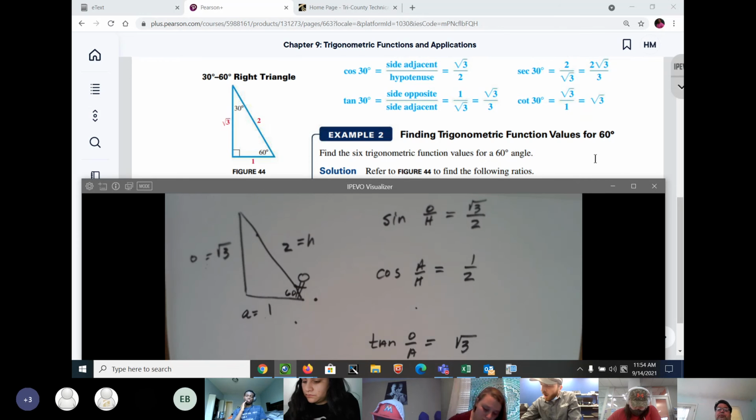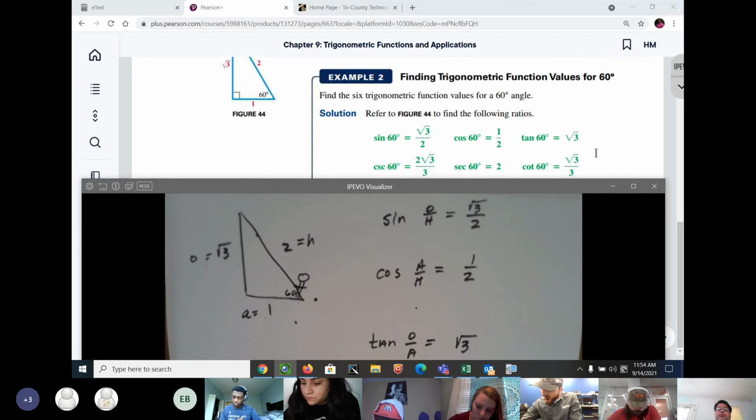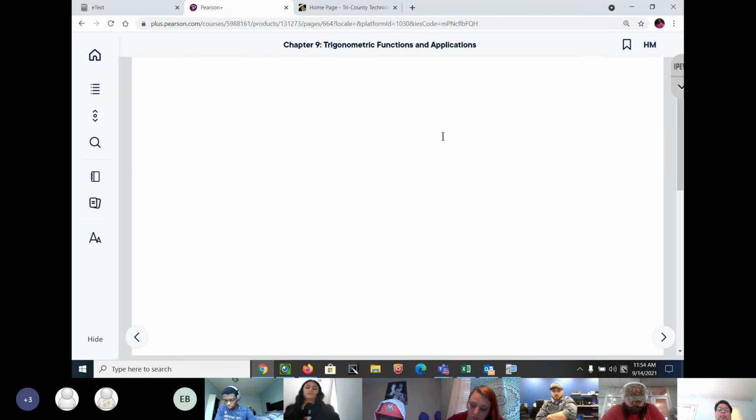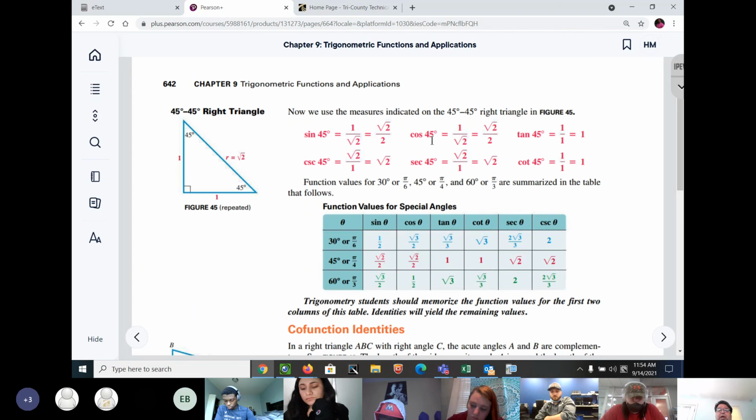And that should be your first 3. Square root of 3 over 2, 1/2, and square root of 3. Now, we've already covered this, so it should be like, oh yeah, I remember that. There's your special angles.